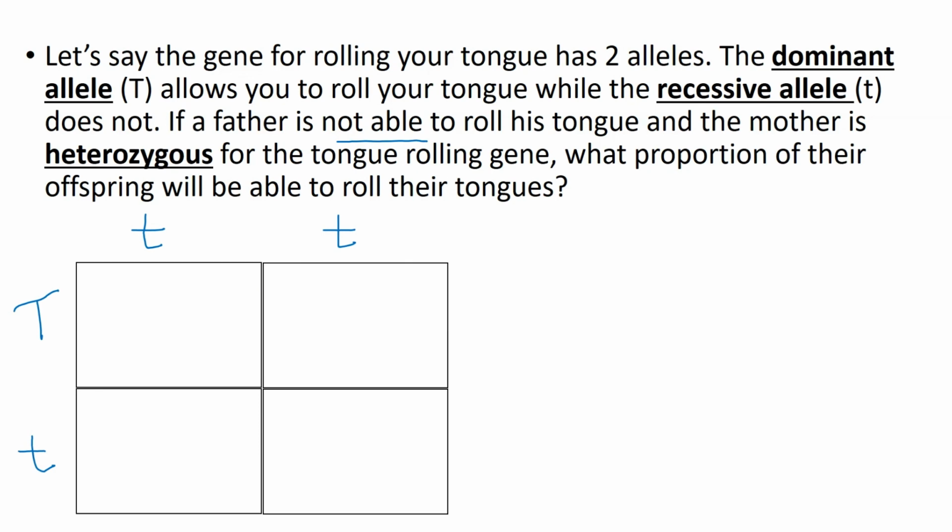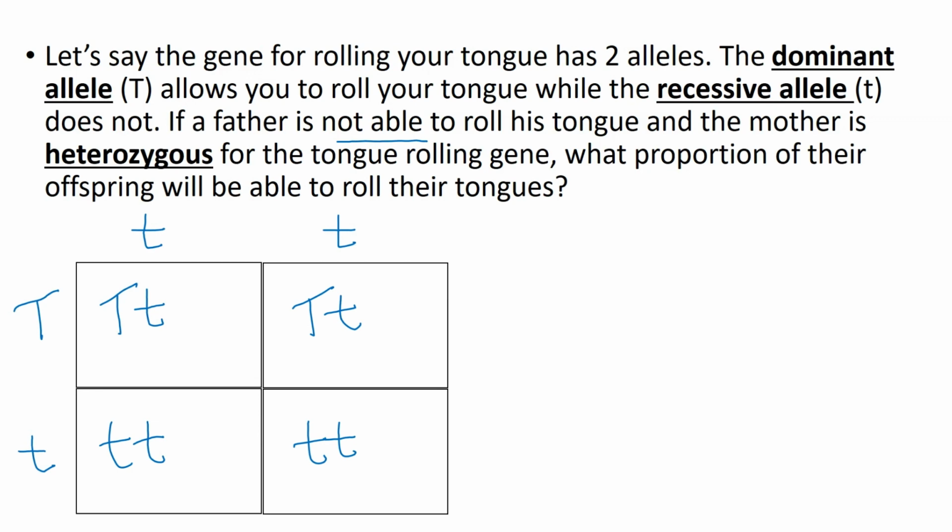Now we can use the Punnett square to visualize all the possible outcomes that we have. So in this box, we'll have an uppercase T and a lowercase t. Here, also an uppercase and a lowercase. Down here, lowercase, lowercase. Here, we will also have a lowercase and a lowercase.